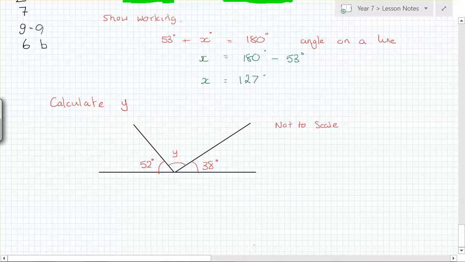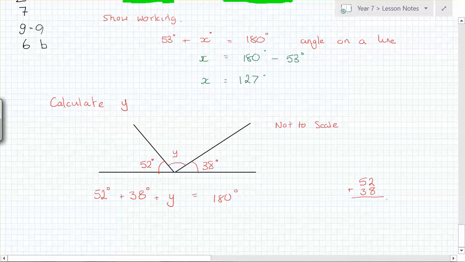Right, so we've got to work out y. Tamar, explain. 50 plus 30 equals 80. That's not 50. Oh, okay. 52 plus 38 equals 90. y has to equal 180 degrees because it's angle on a line. Now you told me that you're going to add 52 and 38 first, that makes 90.